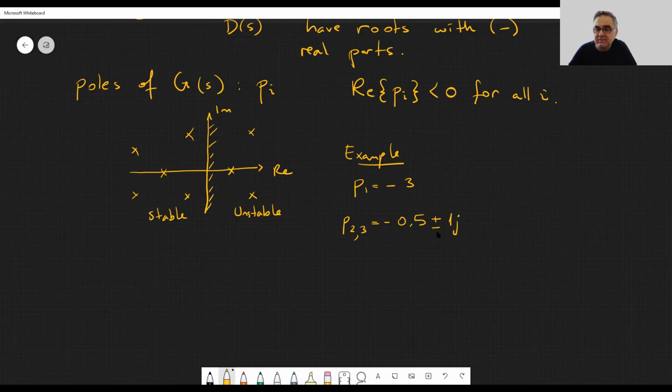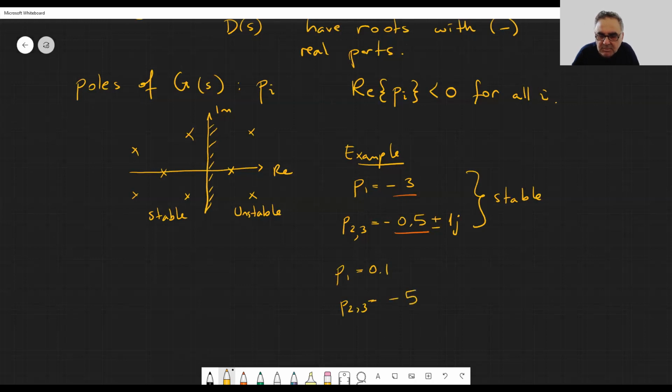For example, this system with 3 poles is stable because all the poles have negative real parts, as you see. This is negative, so it's okay. But on the other hand, if you have another system, P1 is, let's say, positive 0.1, P2, 3 is -5 plus minus 10j, let's say. Unfortunately, this one is, as you see, positive, so this is unstable.